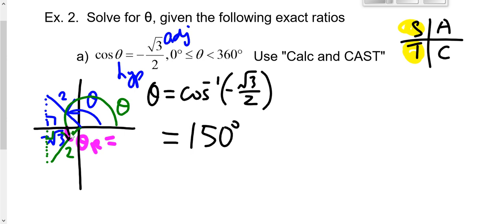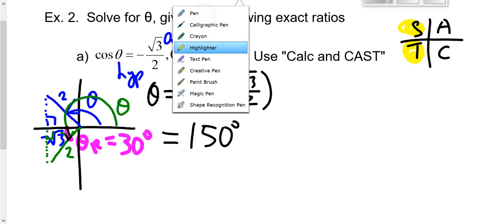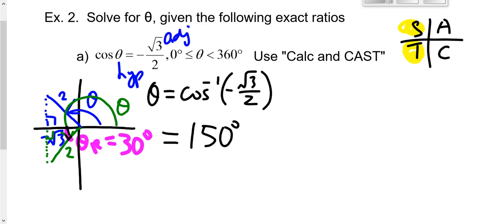So that means this reference angle is 30 degrees. Now if I ask you, what is the angle of this thing? Then you will say that it is 180 plus 30.